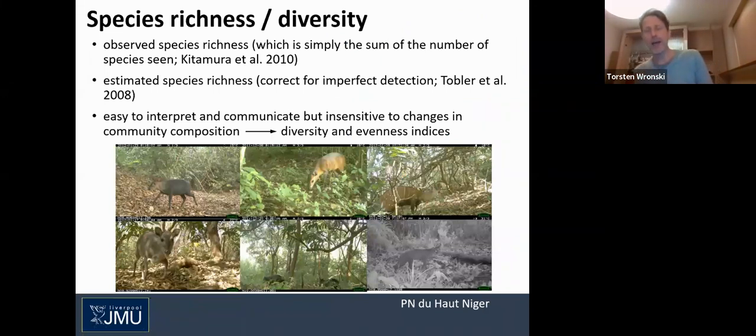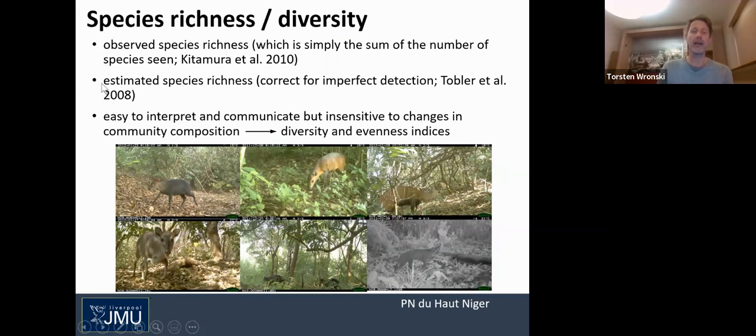And the second example I told you about was to establish species richness. In this case, we wanted to know what different species of larger ungulates and their predators occur in the study area. So we established species richness, the number of species encountered, the observed species richness.